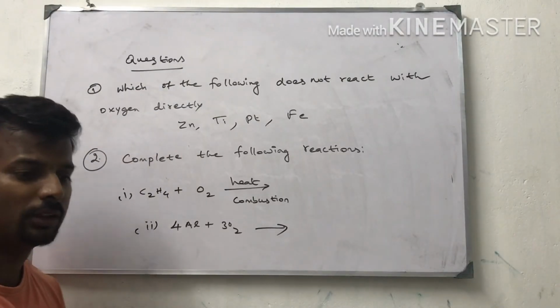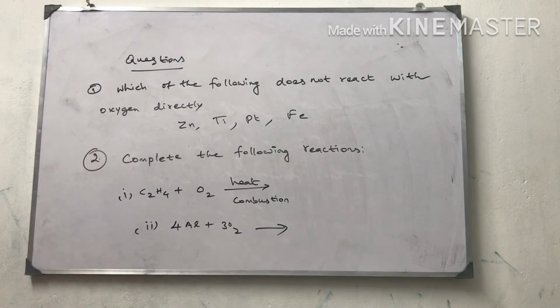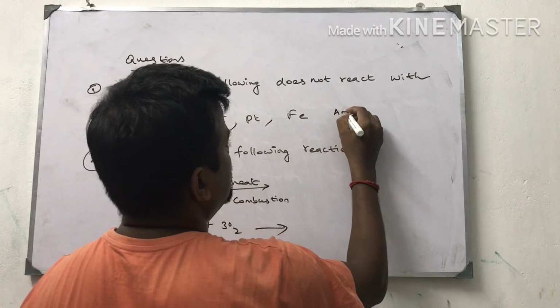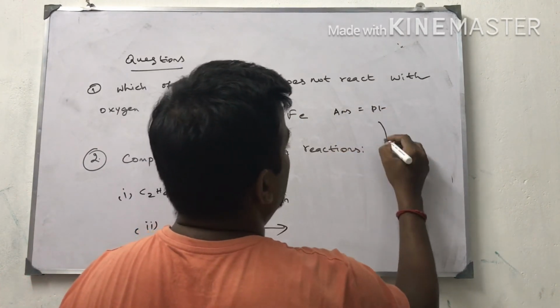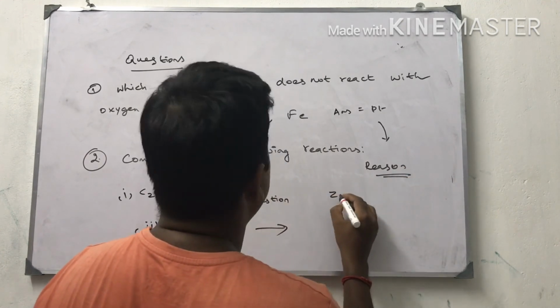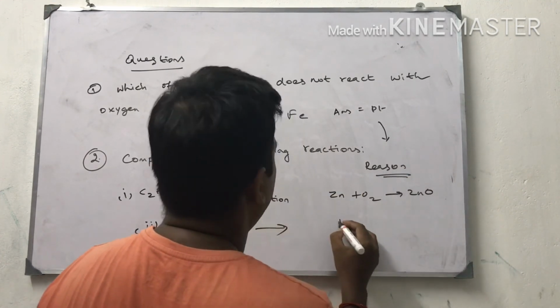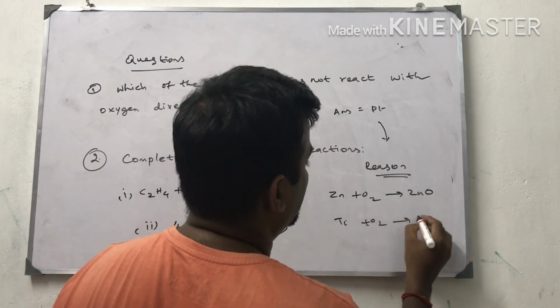This question is asked in the textbook. Which of the following does not react with oxygen directly? The answer is platinum. I am going to write the reason here. Zinc plus oxygen gives zinc oxide. Titanium plus oxygen gives titanium oxide.